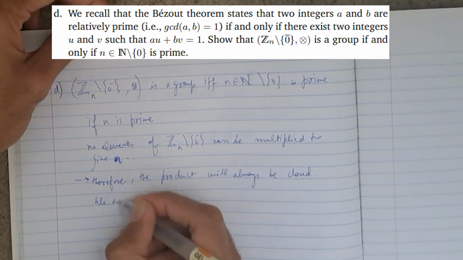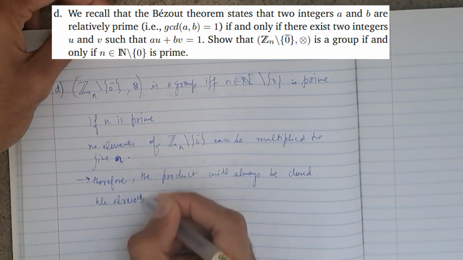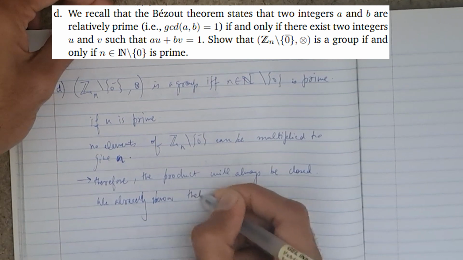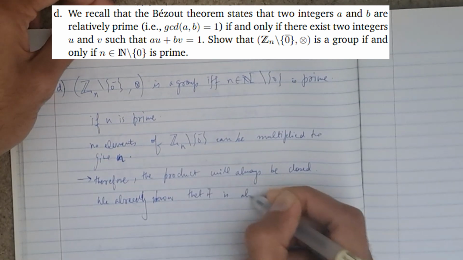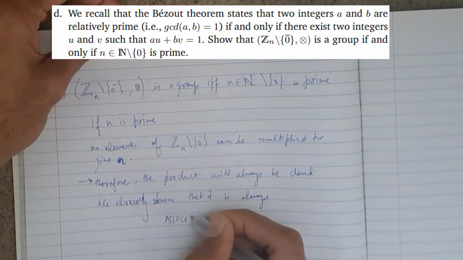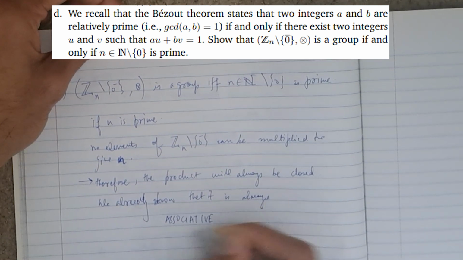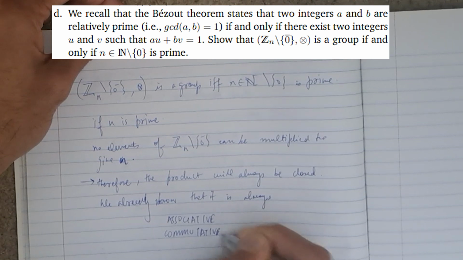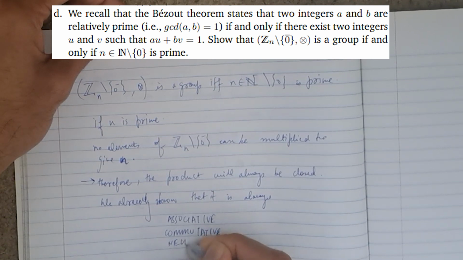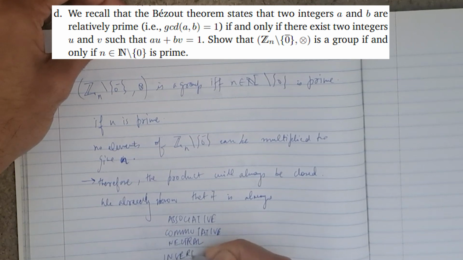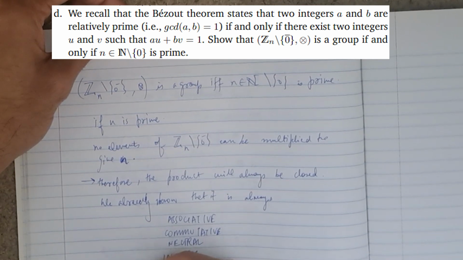We already know that it is always associative, commutative, neutral, inverse from the previous part.